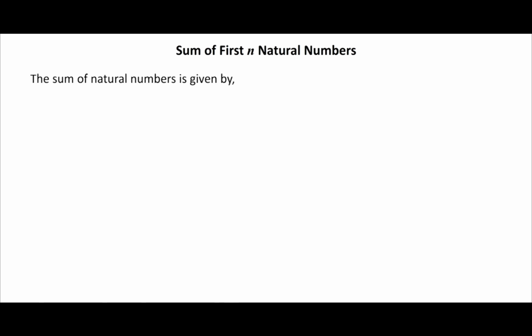Let us find the sum of the first n natural numbers, that is 1 plus 2 plus 3 and so on, plus n. The sum of natural numbers is given by Sn is equal to 1 plus 2 plus 3 and so on, plus n minus 2 plus n minus 1 plus n.